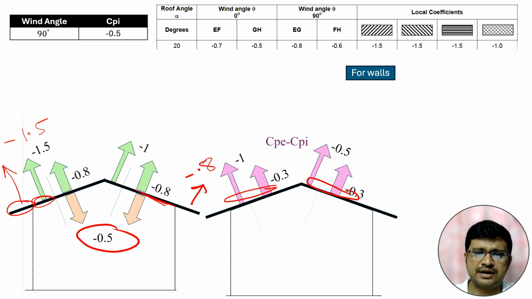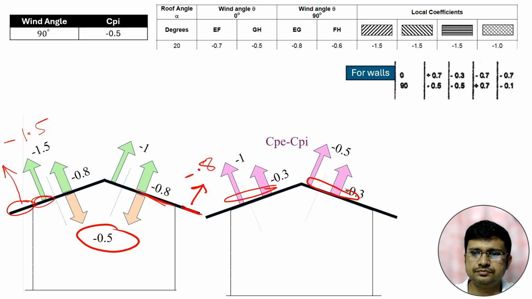At the bottom, these two are again the side faces, so the value will be minus 0.5. Here also minus 0.5. Minus 0.5 means pull, and minus 0.5 is again pull.